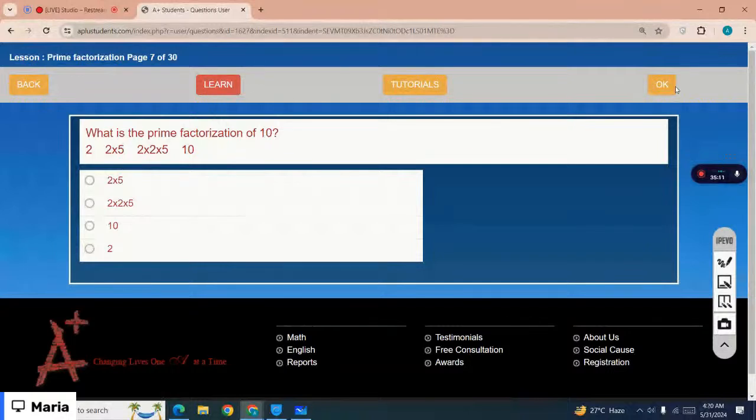What is the prime factorization of 10, which is the correct option? That is 2 times 5 is the correct option.